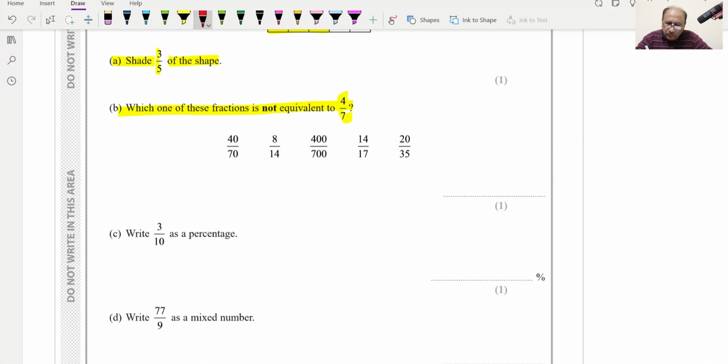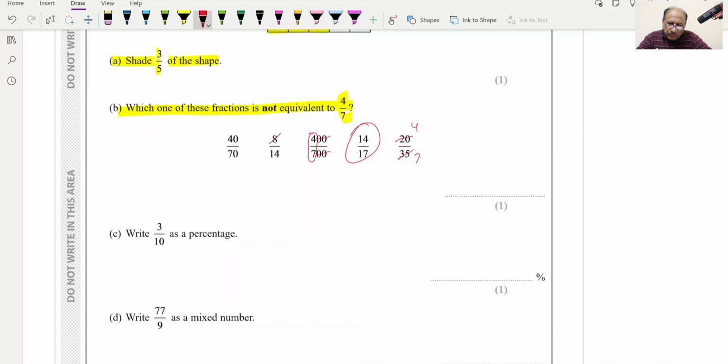So we can figure out this fraction is not reducing to 4 over 7. Rest all are reducing to 4 over 7. Like we can cancel this. 5 4s are 20 and 5 7s are 35. This one also we can cancel 2 zeros and we will get 4 by 7.